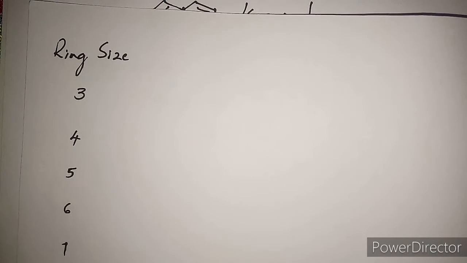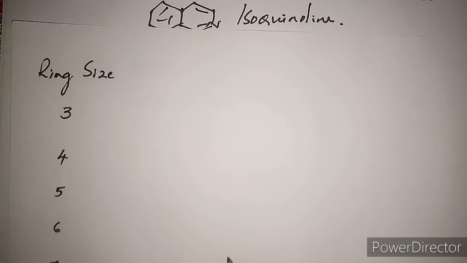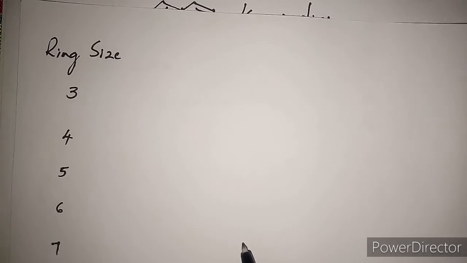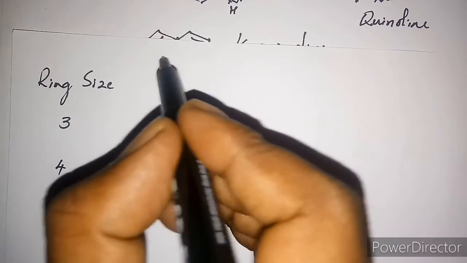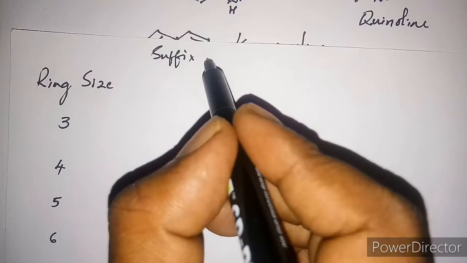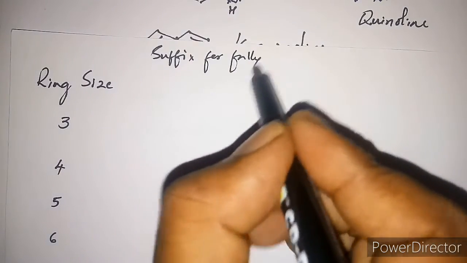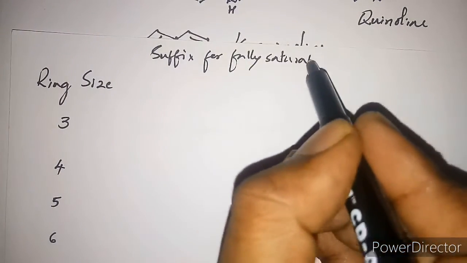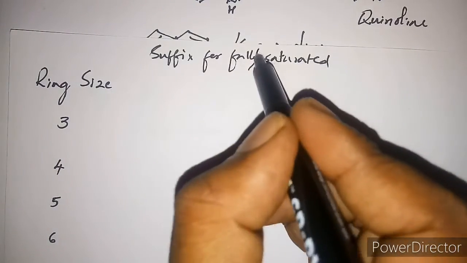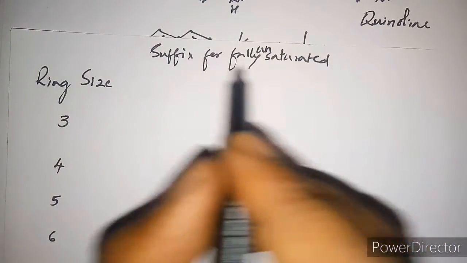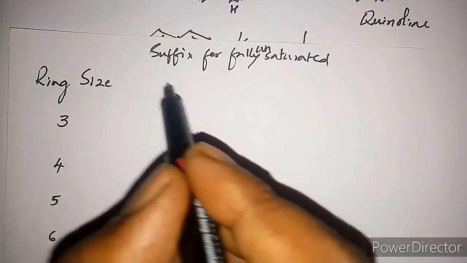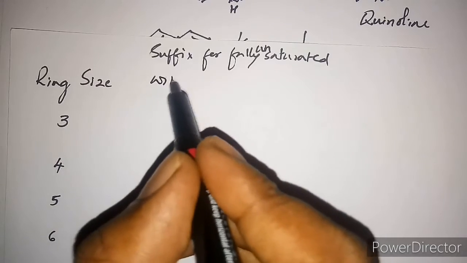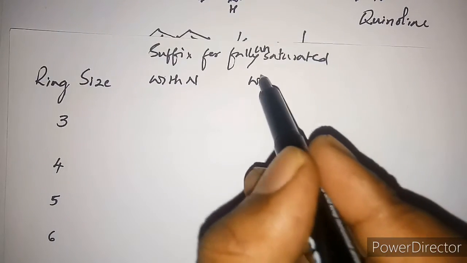7, 8. These are the different ring sizes from 3 to 8, and we need to use suffixes. There are two different categories: suffixes for fully saturated and fully unsaturated systems. For an unsaturated system we have two groups, with nitrogen and without nitrogen.